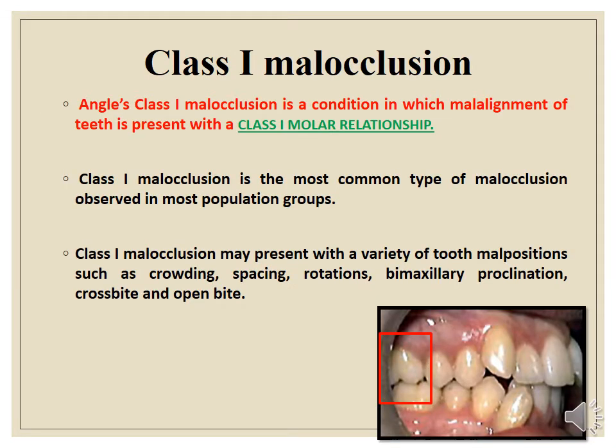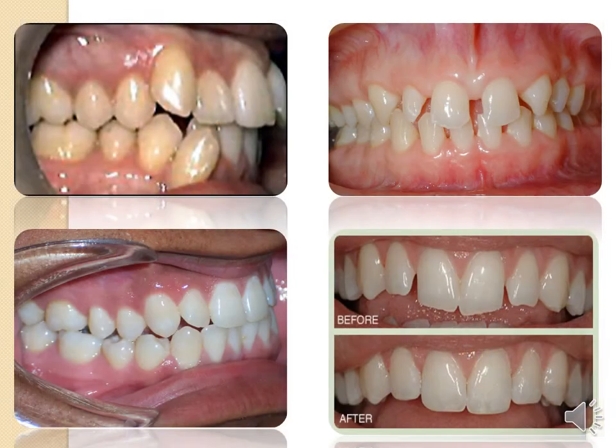What we mean by Class 1 malocclusion is those cases in which malalignment of teeth is present, but we have a Class 1 molar relationship. It is a very common type of malocclusion and observed in most population groups. It could present with a variety of tooth malpositions, such as crowding, spacing, rotation.